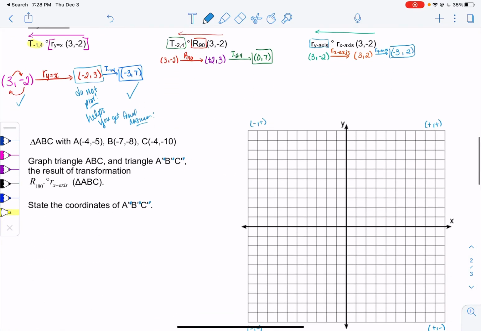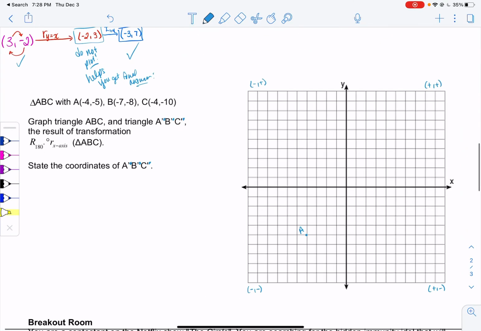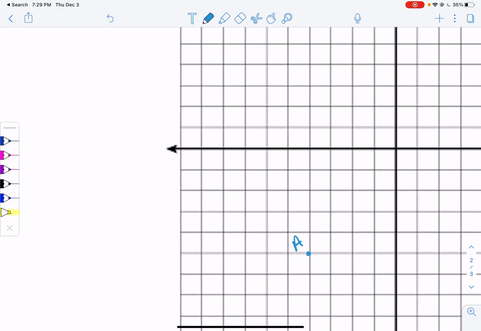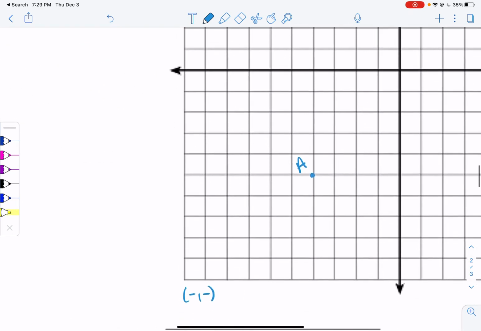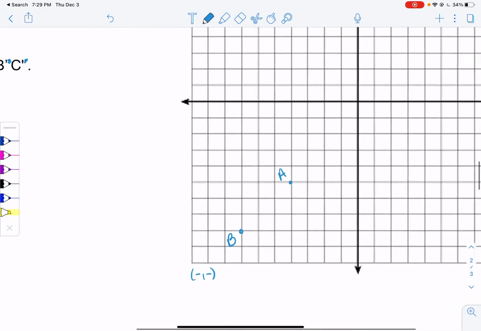All right, so the first thing we're going to do is plot A -4, -5. So I go out 4, down 5. So 1, 2, 3, 4. 1, 2, 3, 4, 5. We're going to plot B -7, -8. And then we're going to plot C -4, -10.